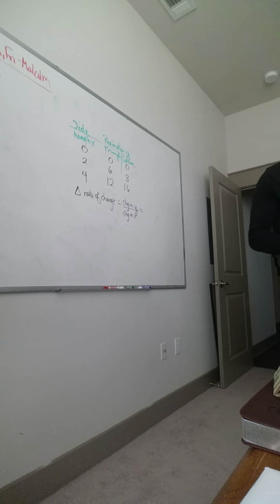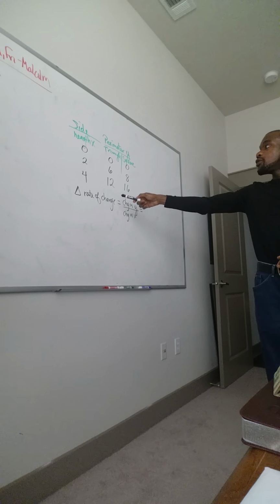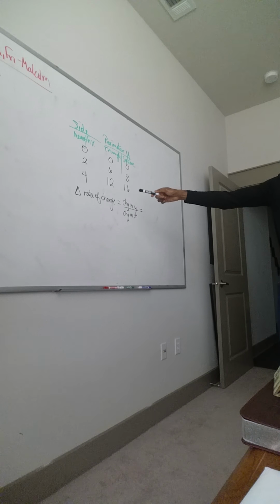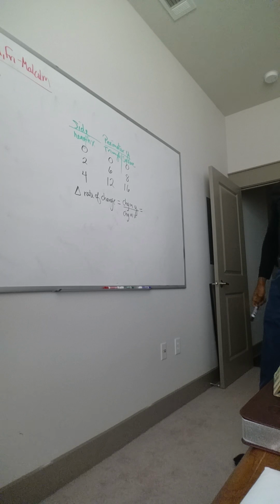All right, and consequently, what is our change in y for the triangle? How many units is it? If you look here at our triangle, how many units is that? So 0 to 6 is 6 units, right?